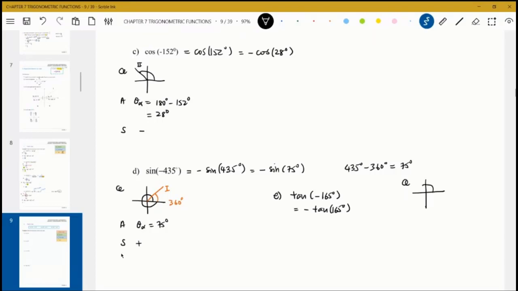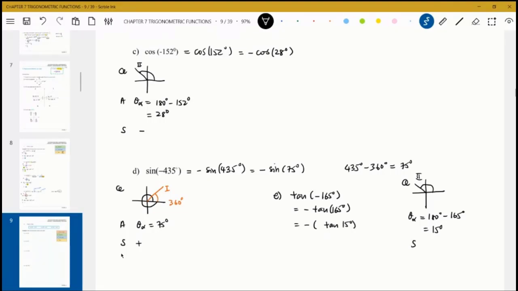Second quadrant. So acute angle kita akan dapat 180 minus 165. So we have it 15 degree. Sign dia apa?